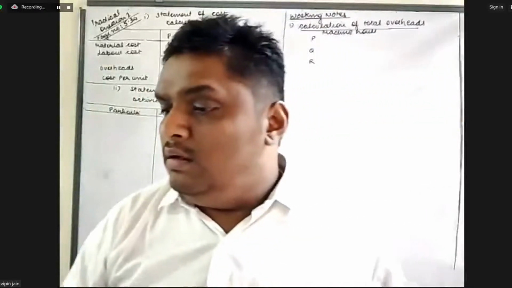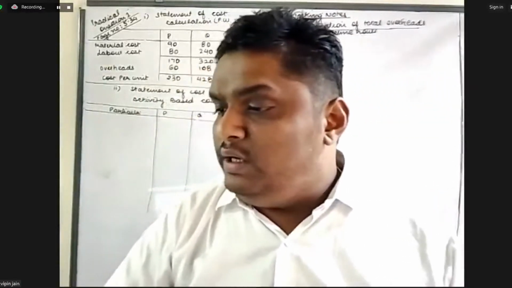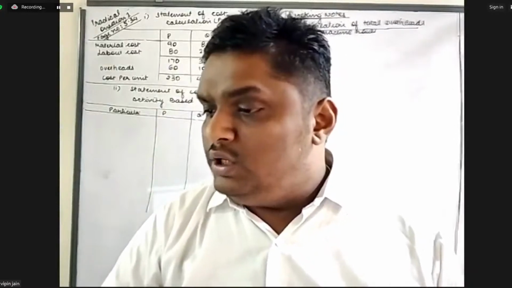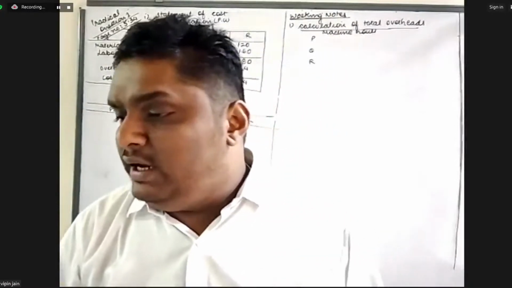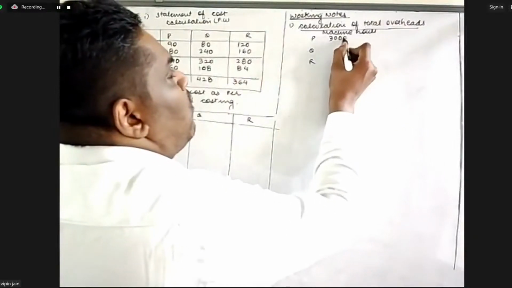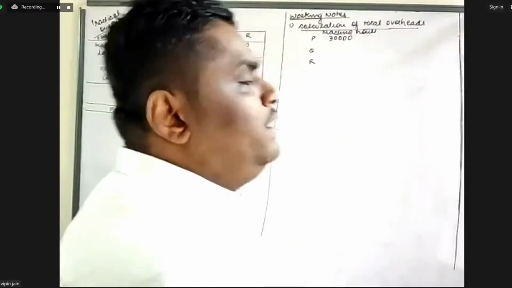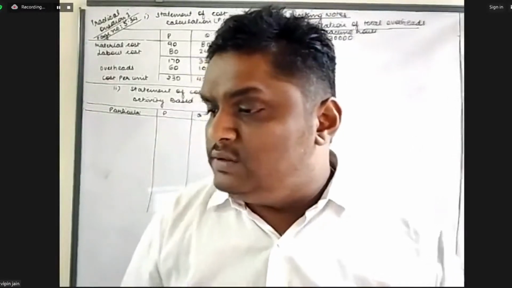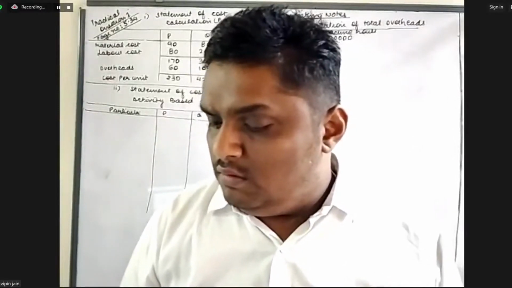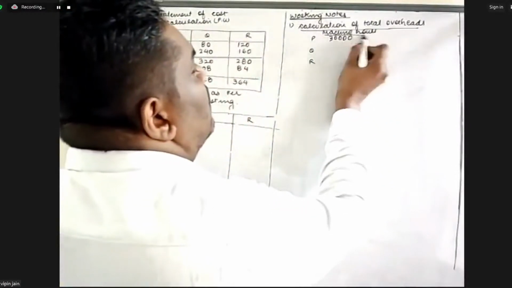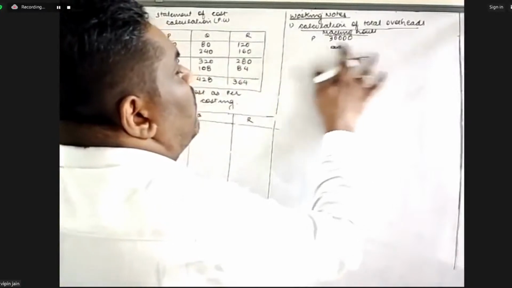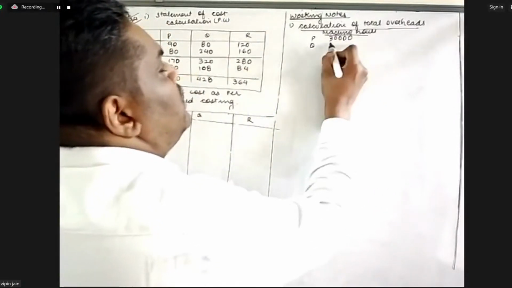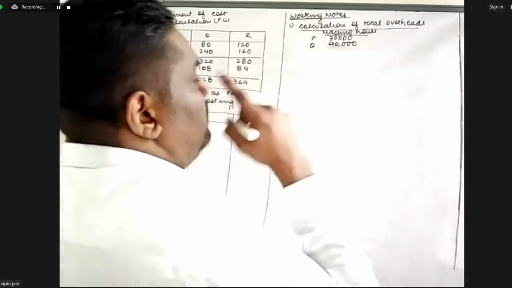Herein, the machine hours per unit are 10. So the total machine hours will be how much? 10 into 3000, that is 30,000 in case of P. When talking about Q, it will be 18 into 5,000. So this will be 90,000.